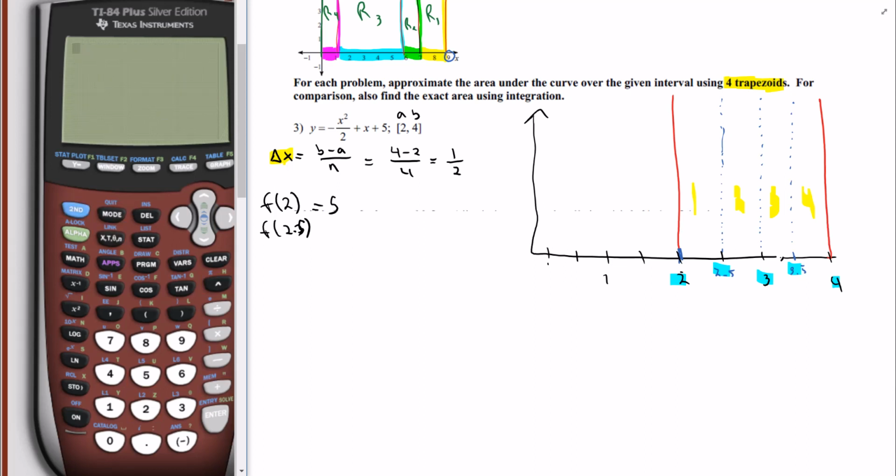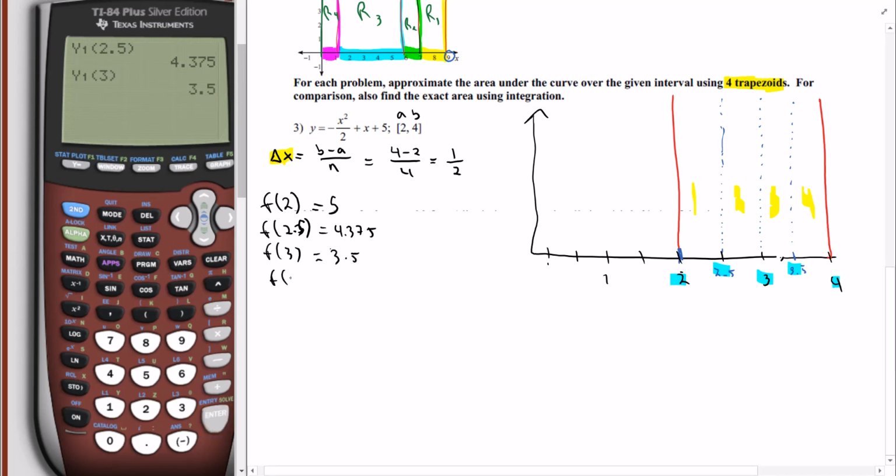And then we're going to go back to this screen and just do alpha trace y1 of 2.5 equals 4.375, and then we're going to do f of 3, which is 3.5.